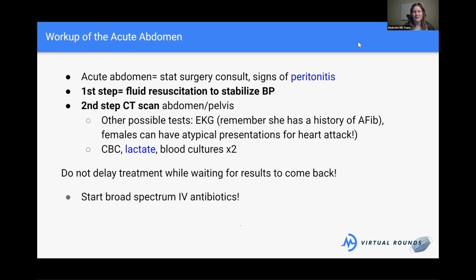We will eventually narrow the spectrum once we get the results of their cultures. But we start very broadly because we don't want to miss a potential bacteria that is actually causing this infection and then have it grow out of control because the antibiotics don't work for it.